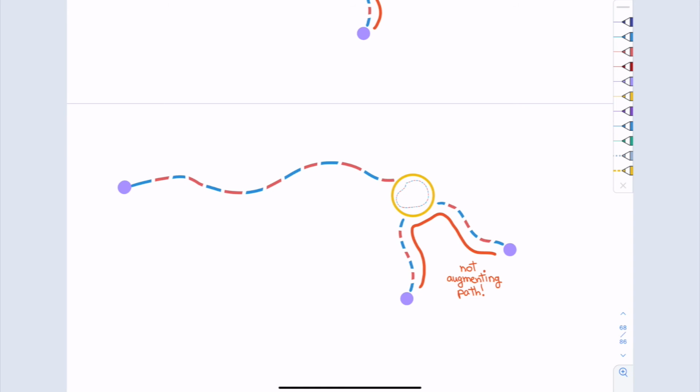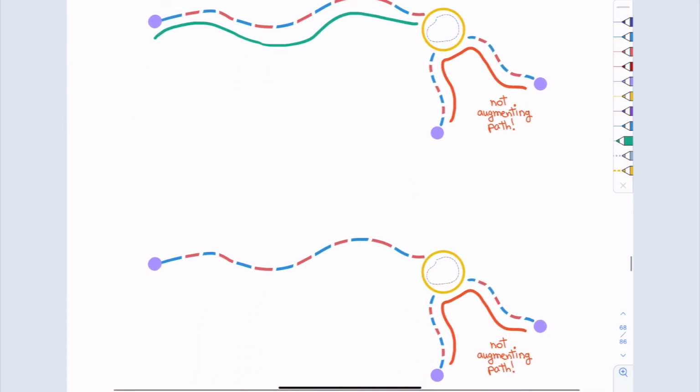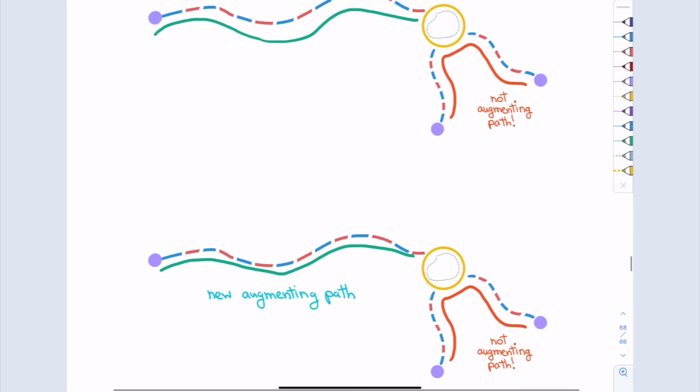But my claim is just that there is an augmenting path somewhere. There's still, of course, an augmenting path in the graph because I know that every blossom had a stem, to use their words. So some kind of path starting from a free vertex that enters on a matched edge. So instead of using that augmenting path down below, I am promised that I can find a different augmenting path using the stem. So I'll still find an augmenting path.